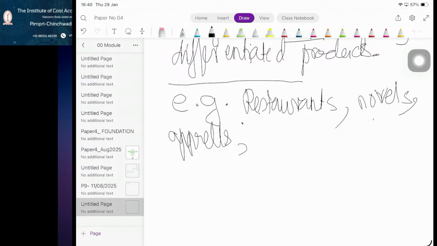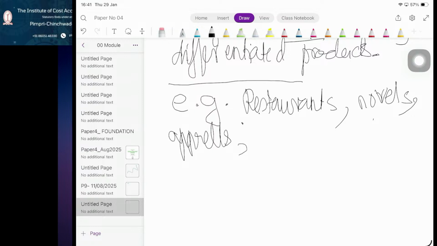Think about the last example I'll give you. How many sweet marts are there in the city? Sweet marts or halwai? How many shops are there? Almost every corner or major locality will have one sweet mart, correct?